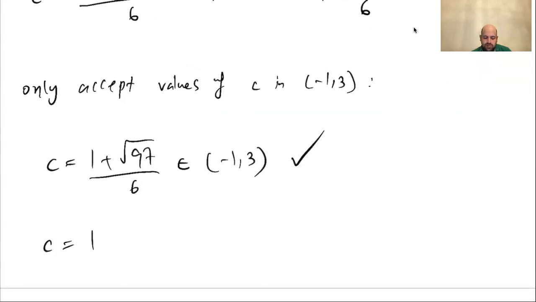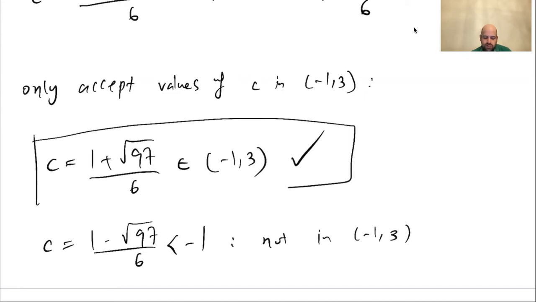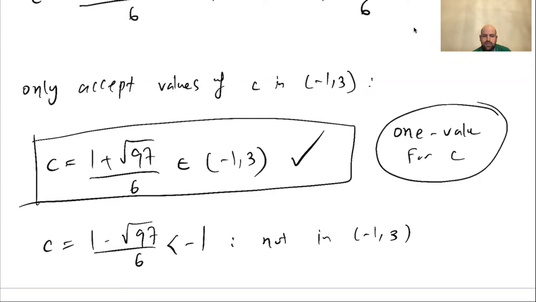So c equals 1 minus root 97 divided by 6 is less than -1, so not in -1 to 3. So we have only one value of c, which is this c value.